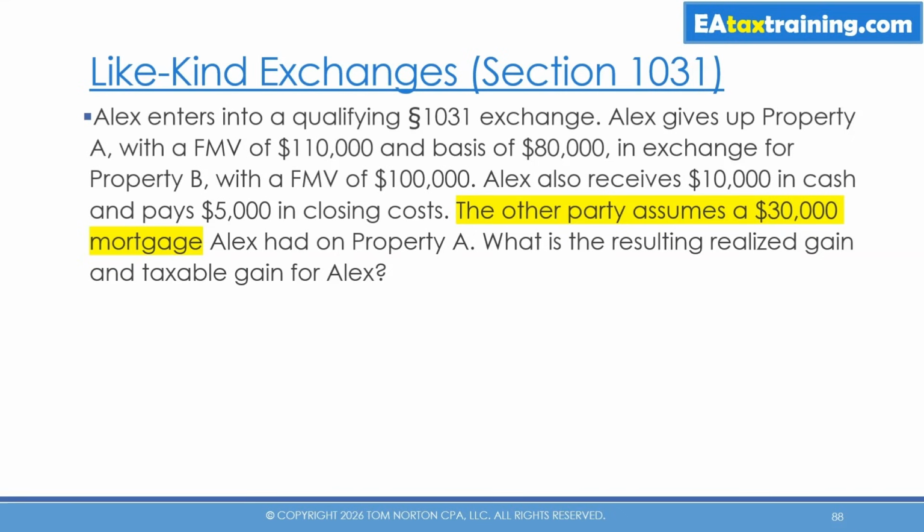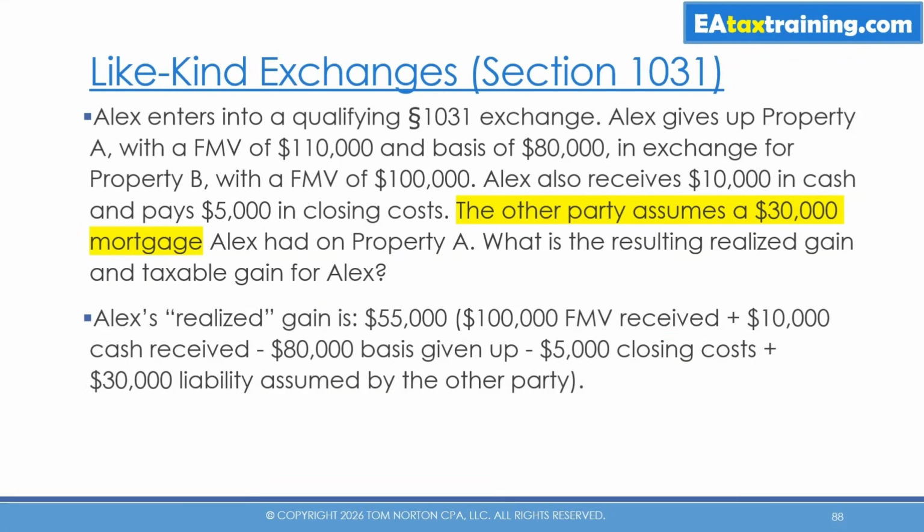Next example. Everything is the same, except that in addition to the $10,000 that Alex received, the other party also assumed a $30,000 mortgage that Alex had on that property. So what is the resulting gain in that case? Well, his realized gain is now $55,000. So it's the same $25,000 that he had last time, plus the $30,000 of the mortgage that was assumed.